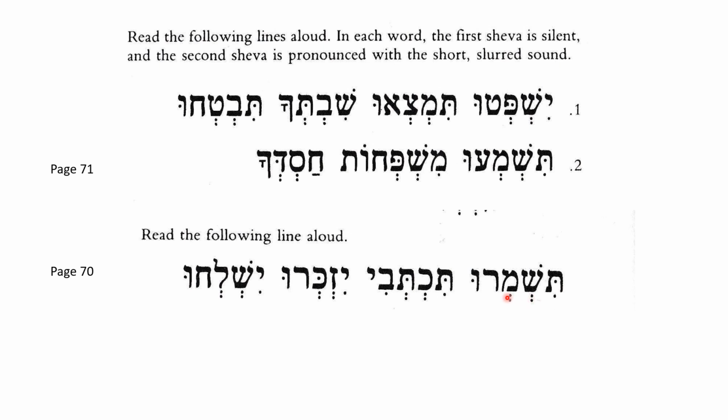Tish, me'u. Tich, te, vi. Yiz, ke, ru. And yish, le, chu. Okay? And if you need to go over those again, we'll just continue on.